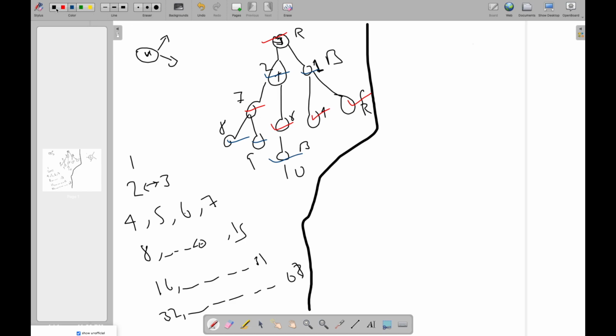Let's actually rig this. Okay, let's add 11 and 12. So these will be blue. So now the number of vertices in red is 5, the number of vertices in blue is 7, right?